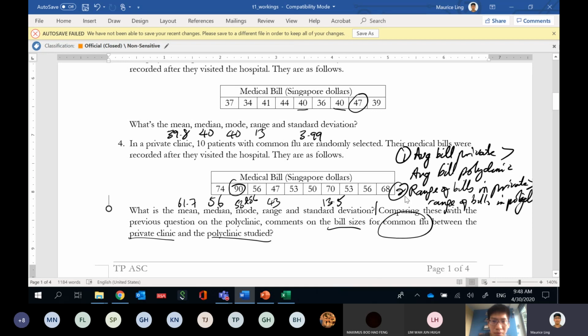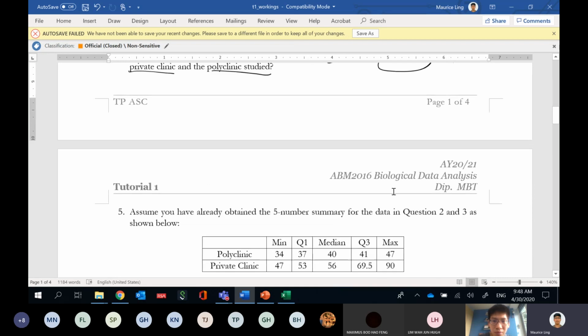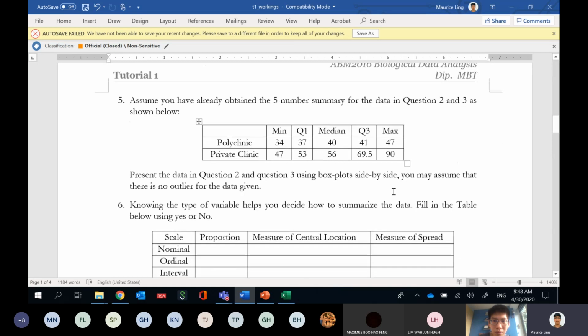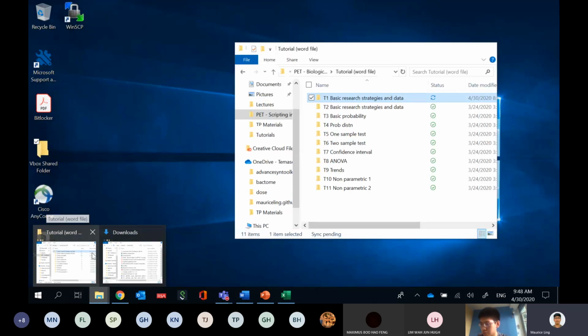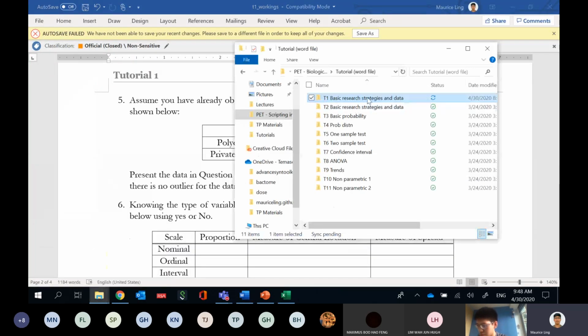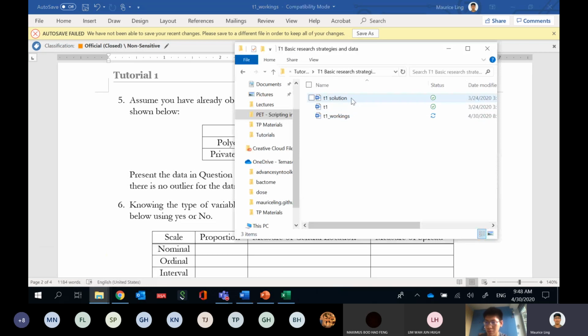All right, so we are done with this part. How do you do a box plot? Using this data, do you know how to draw a box plot? Drawing a box plot is nothing very sophisticated, so I might as well just give you the answer for it.